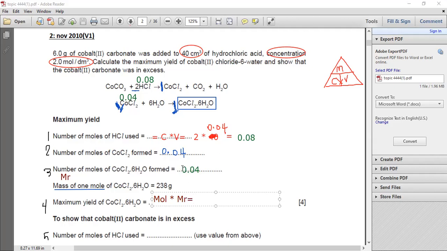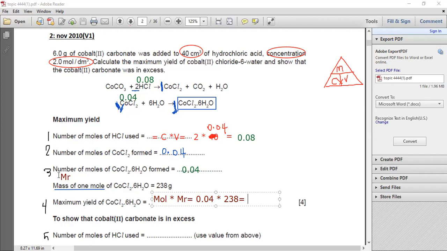Already, you did it here. 0.04 multiply MR. What is MR? Already given. Mass of 1 mole. It means MR. 238 equal. Everything is given for you. Just you have to know what is the method.